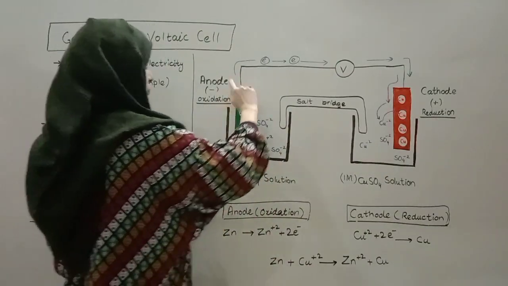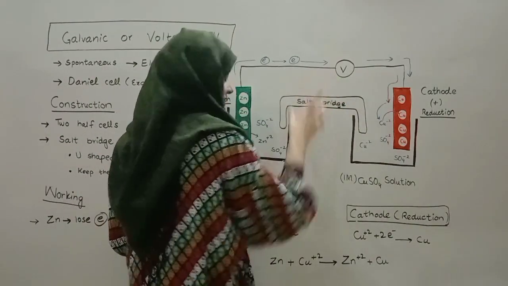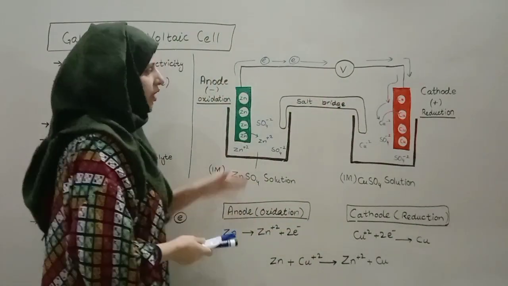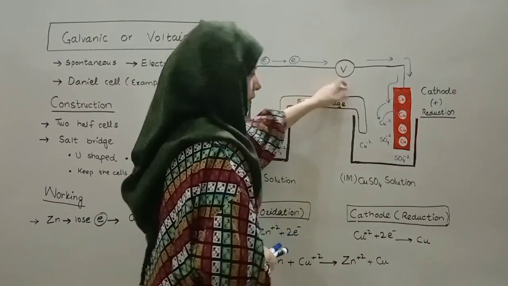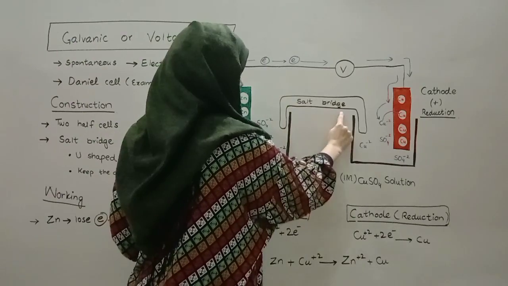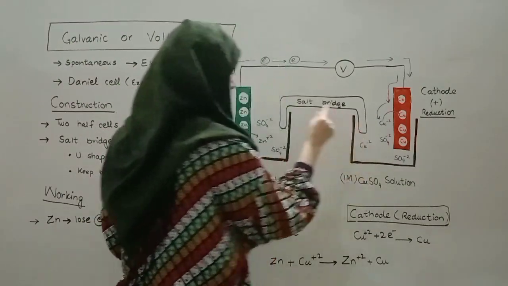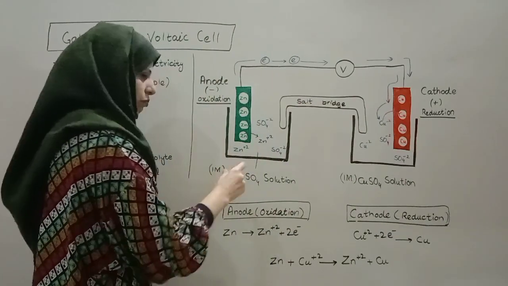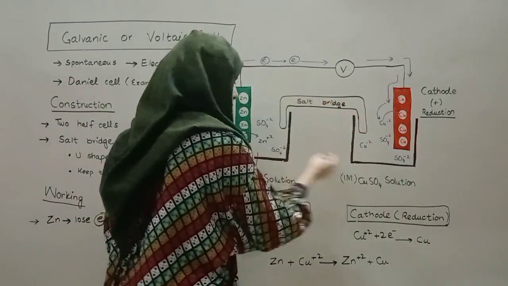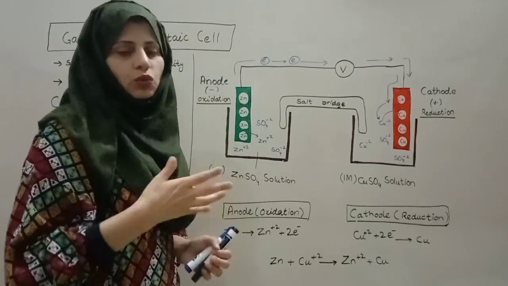A wire connects these two electrodes. There is a voltmeter to check that electricity is produced. And there is a salt bridge connecting these two cells to provide the pathway for the migration of ions so that these two solutions remain neutral.